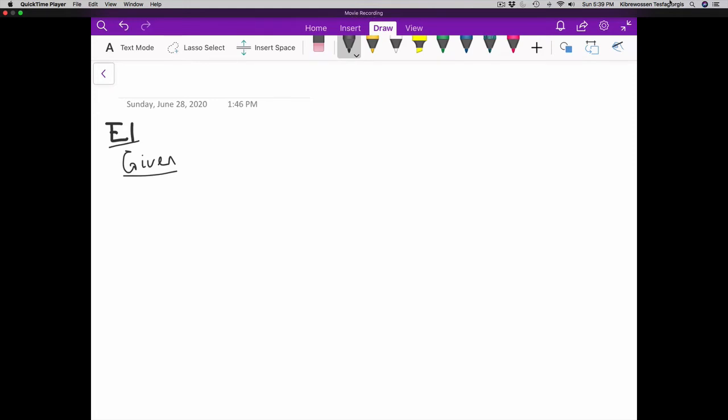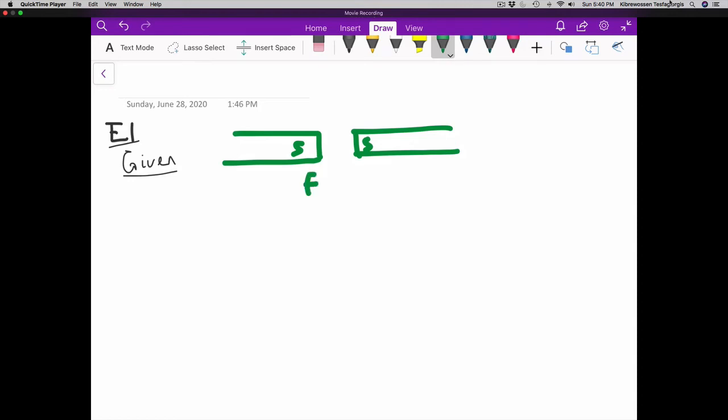You have two bar magnets, facing their south poles, there's a south pole here, there's another south pole here, facing each other, and they are exerting a force equal to 18 Newton.